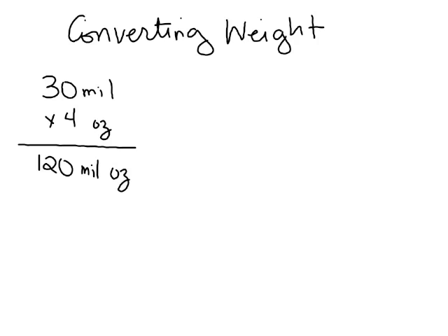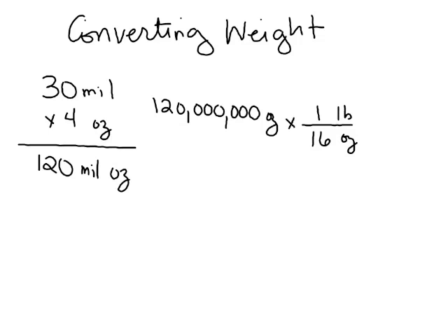Okay, so we better write this out. 120 million ounces. And then what's the conversion, ounces to pounds? 16 ounces in 1 pound. Ounces on top or bottom? Bottom.